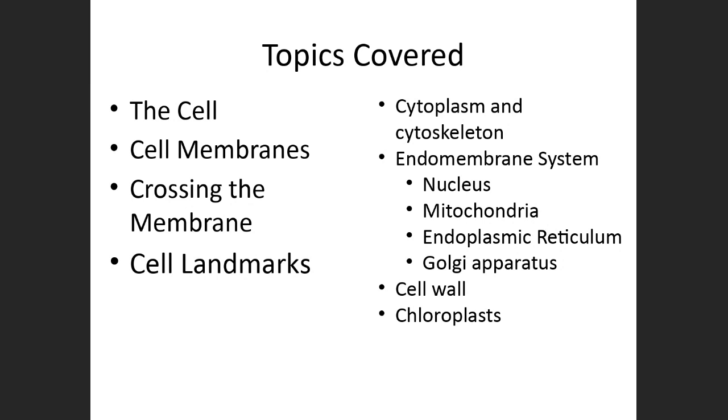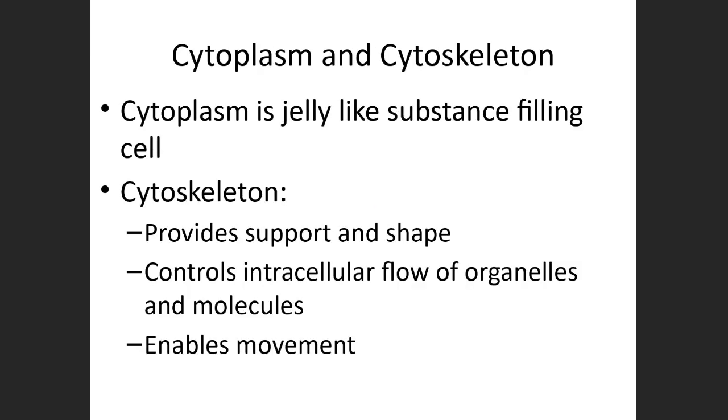We talked about those very briefly. We're going to discuss now in detail what these different systems do. And then we'll talk about cell walls, which are different from the membranes, and chloroplasts, okay? So we'll go through things one at a time.